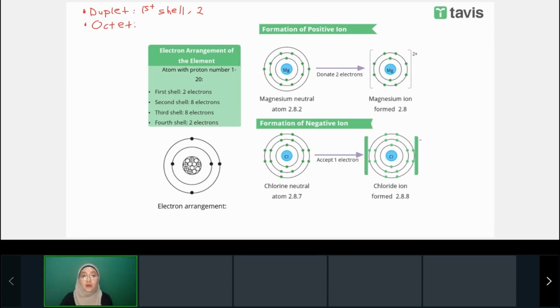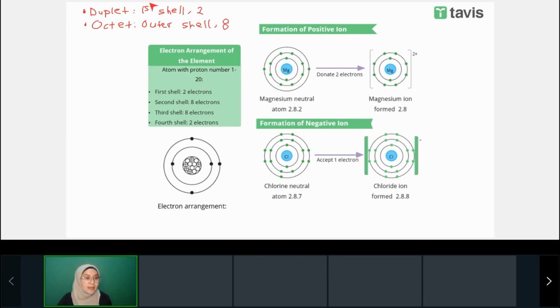Okay, how about octet? For octet, the outer shell maximum amount of electrons must be 8. So, duplet and octet are stable electron arrangements.